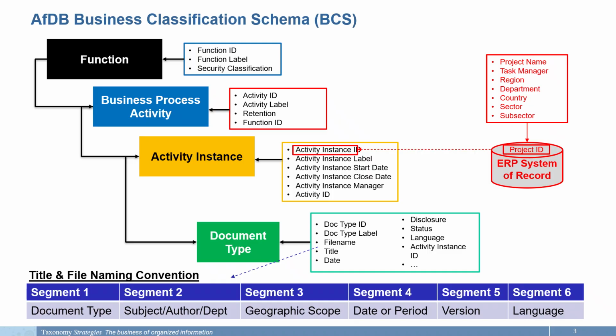Where metadata are not from managed vocabularies, such as title and file name, they should be based on naming conventions or automatically generated from metadata components. At the bottom of the slide is an example of such a title and file naming convention.